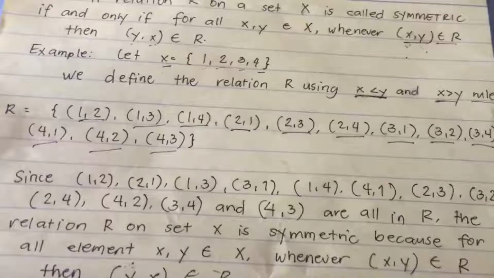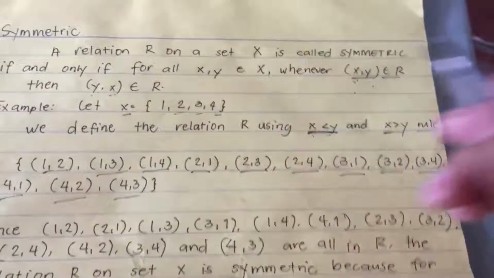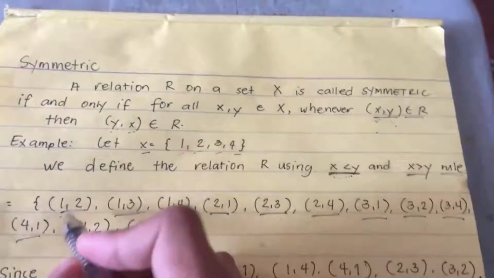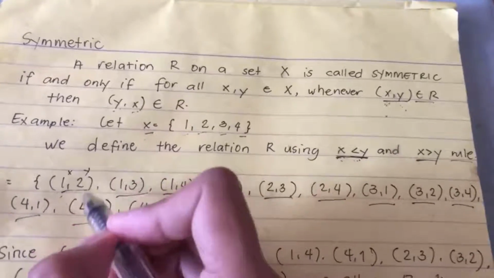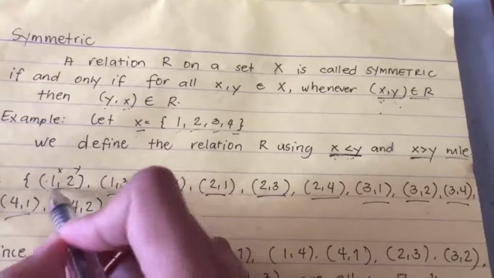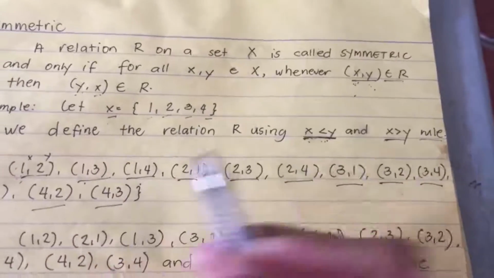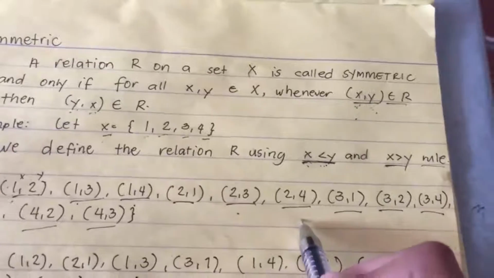So as we can see, the first rule, x is less than y, is satisfied by 1 and 2, which represents 1 as x and 2 as y. So x is less than y. Same with 1 and 3, 1 and 4, 2 and 3, 2 and 4.